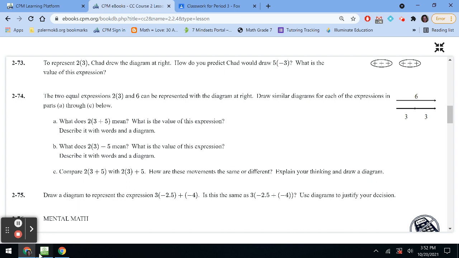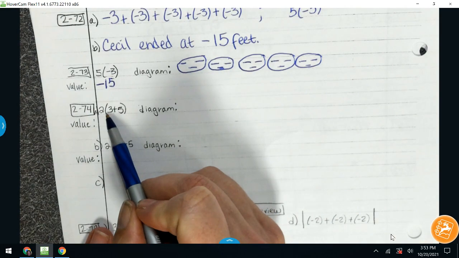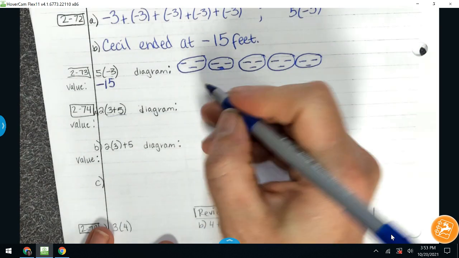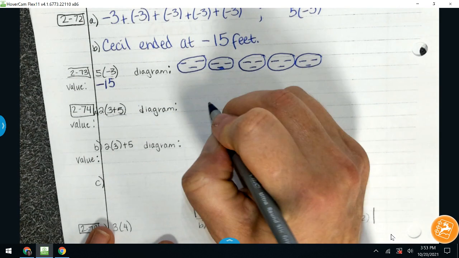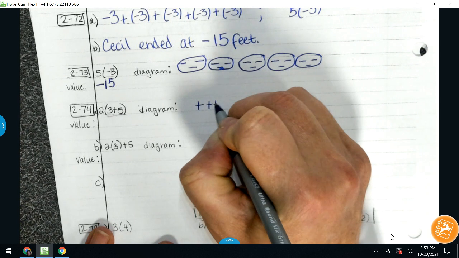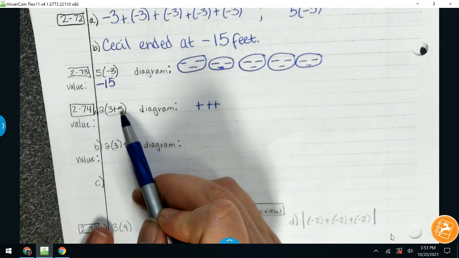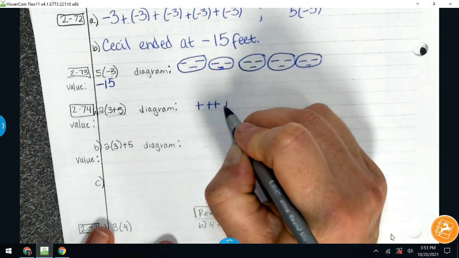So what I'm going to do is draw that diagram. I'm going to start with my first group. So I have 1, 2, 3 integer tiles. I'm going to add 5 more.